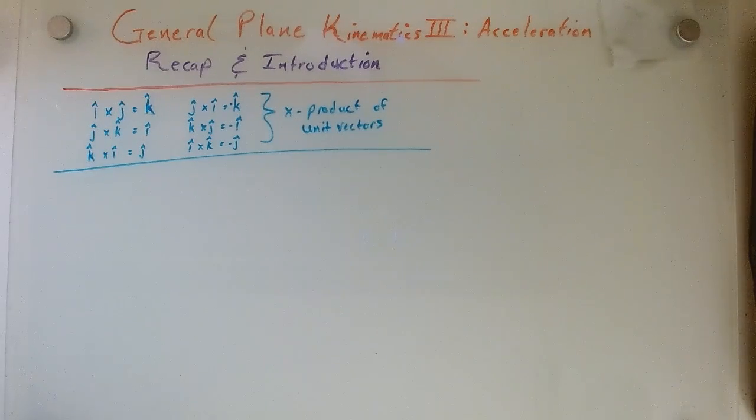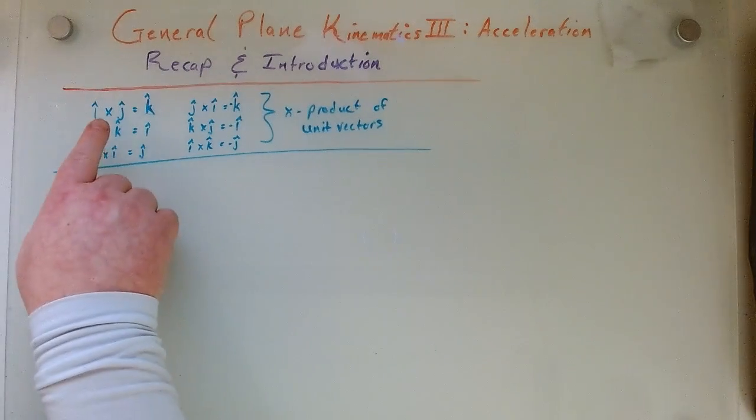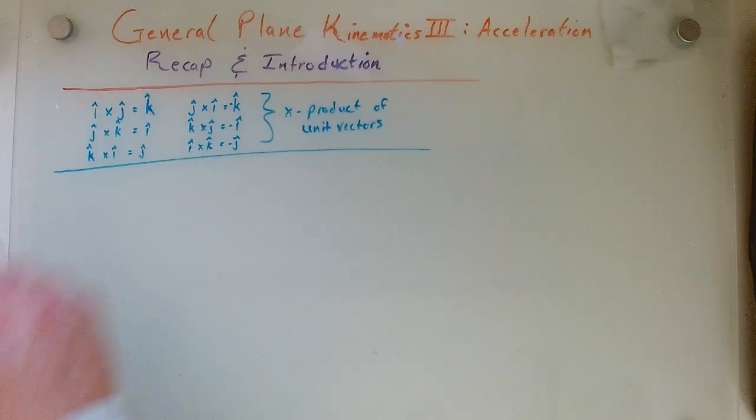So this is just a table of 6 equations that allows you to do partial cross products and keep track of the sign. So when you cross i cross j, you get k.